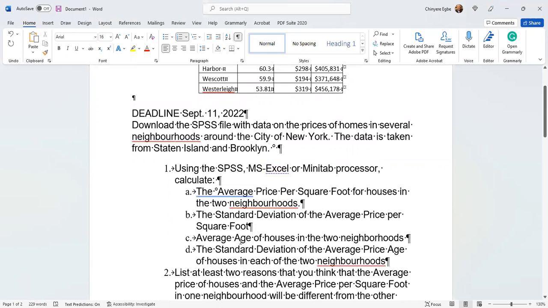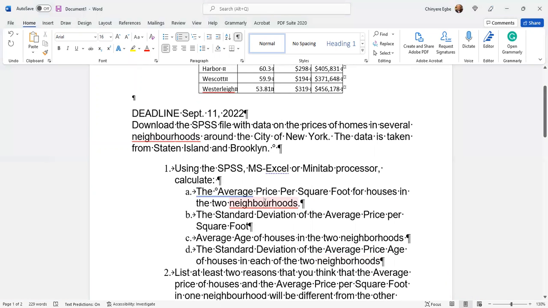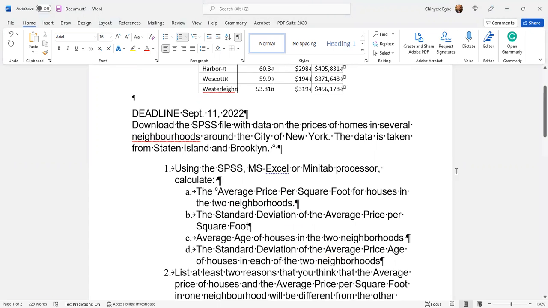I also said average age of houses in the two neighborhoods and the standard deviation of average age. So I'm going to do one of them, and your job is to do the other one.